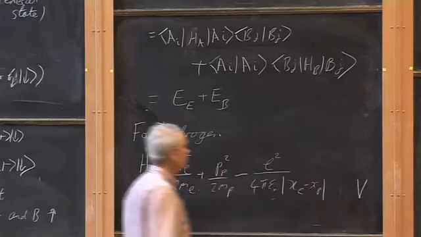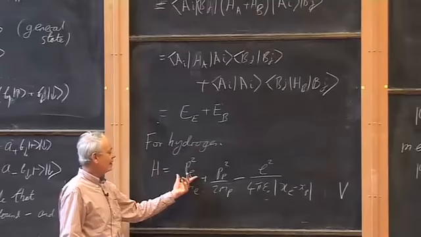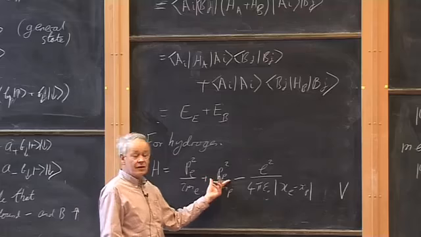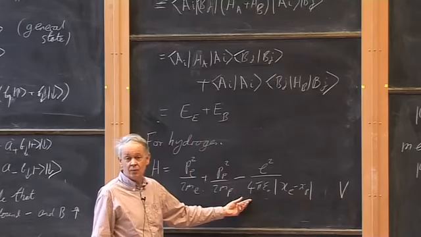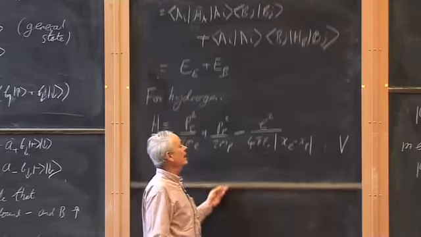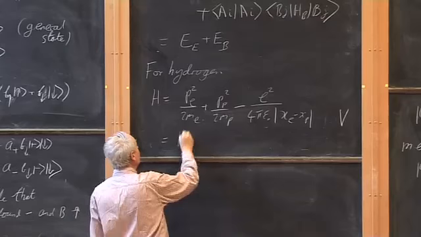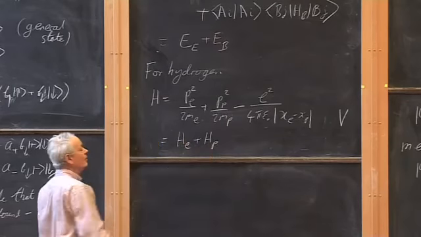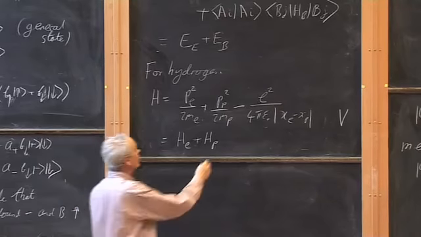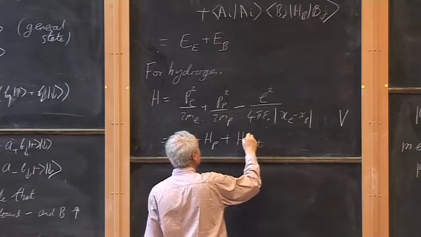All right, because the energy of the hydrogen atom is the sum of the kinetic energy of the electron and the kinetic energy of the proton and an interaction energy of the two, right? Because they electrostatically attract each other. So this is equal to H electron plus H proton, these being the Hamiltonians of the free electron and the free proton, plus an interaction Hamiltonian.